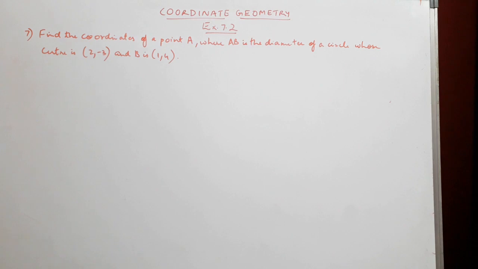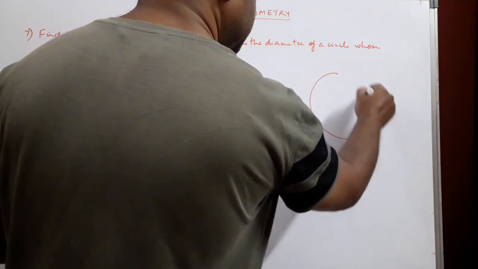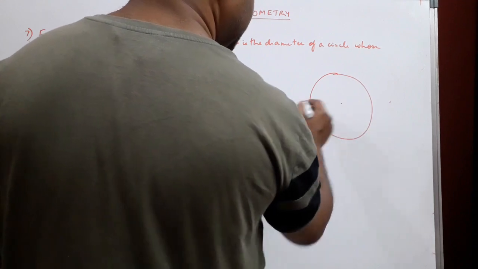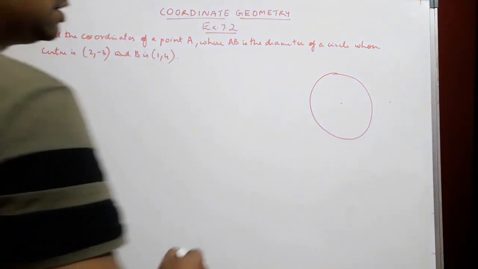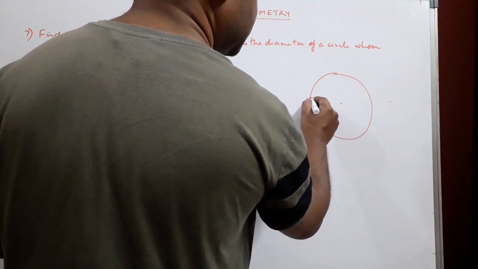Coming to the 7th problem, it says find the coordinates of a point A where AB is the diameter of a circle whose center is (2, minus 3) and B is (1, 4). So we will draw a small rough circle and the center here and a diameter. A diameter passes through the center of a circle.